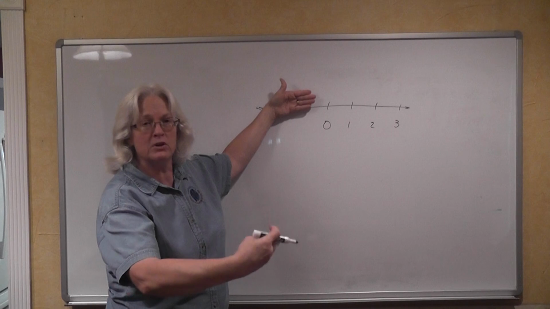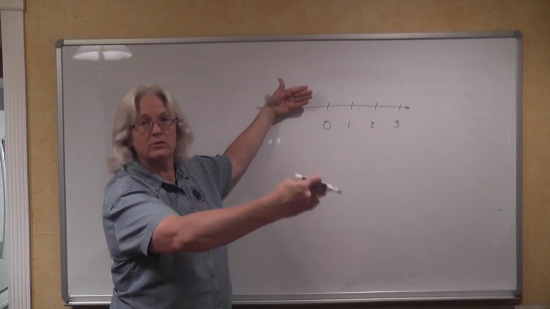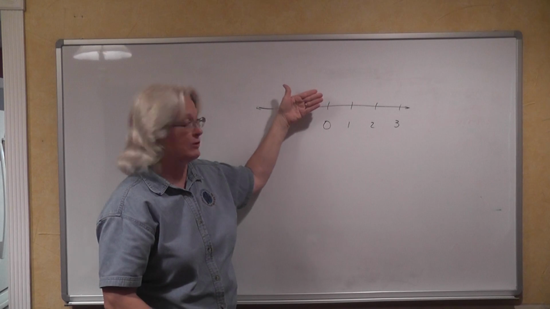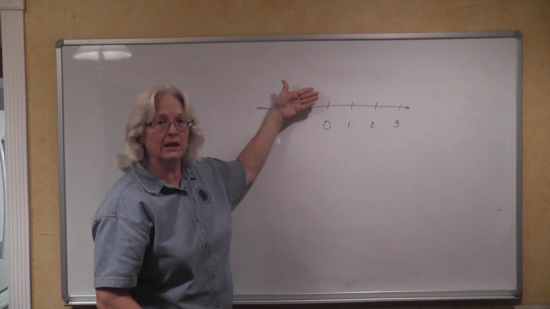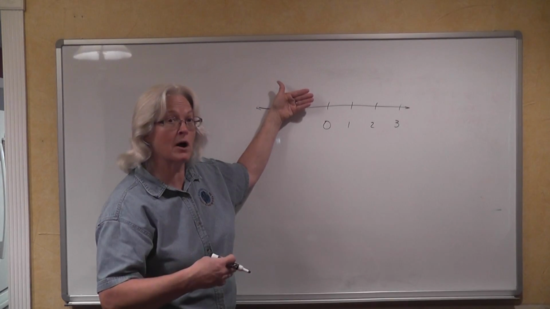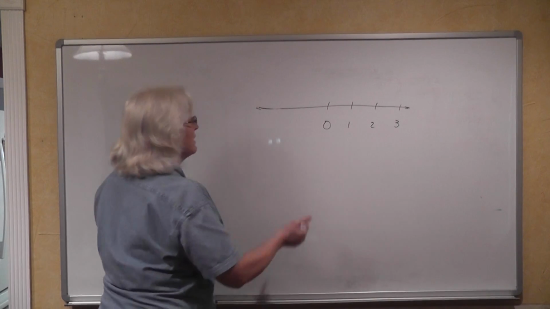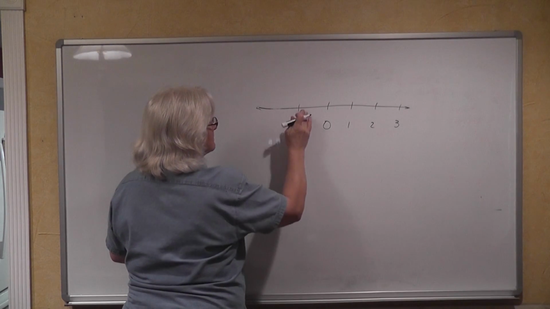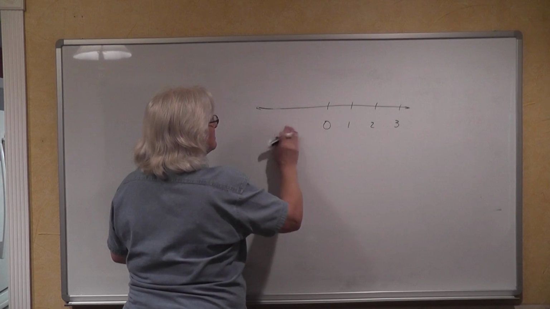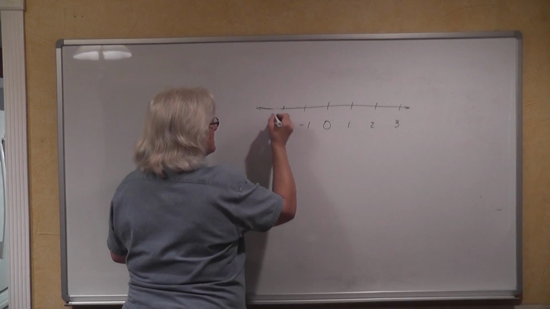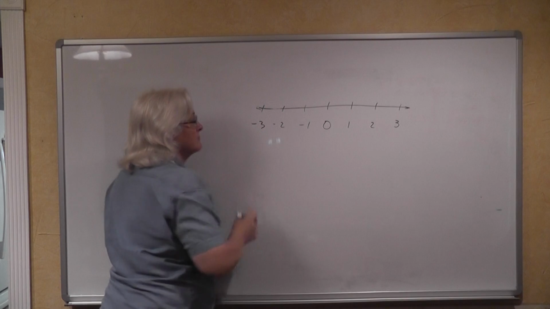The pattern that we would use would be 0, 1, 2, 3, 4, and so on forever. And then we said that the integers have these whole numbers plus their opposites. Earlier we learned that opposites are the same distance from 0, but in a different direction on the number line.